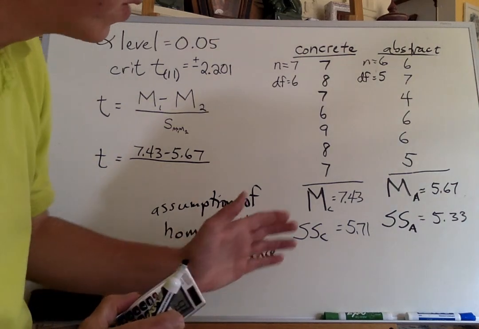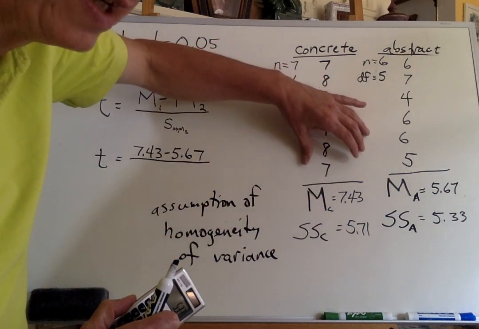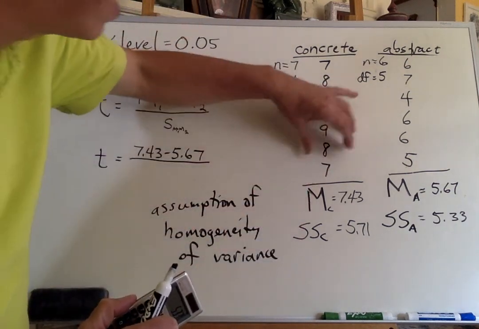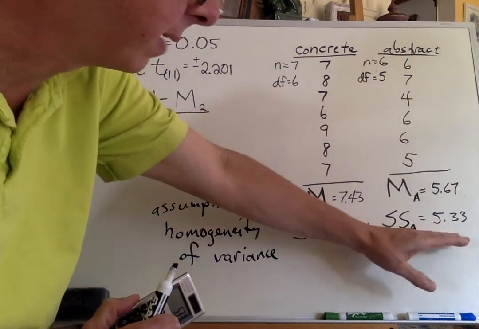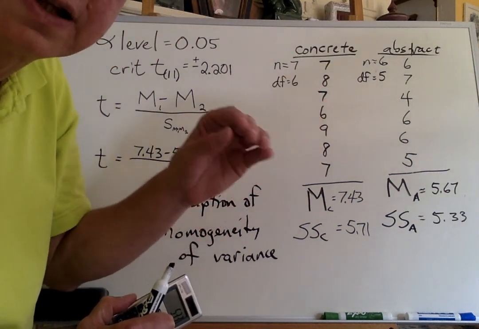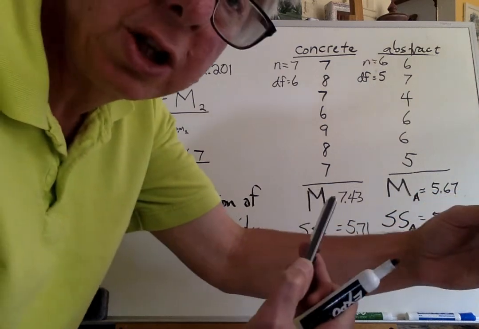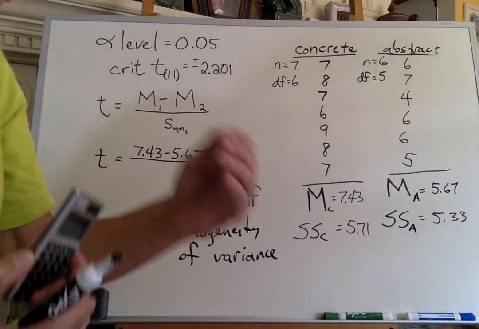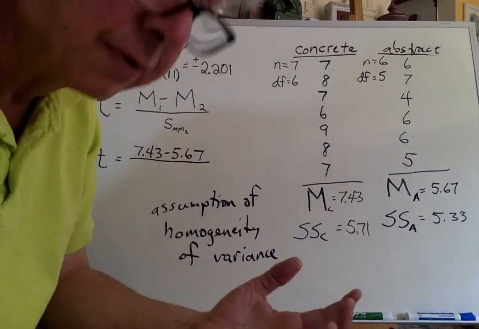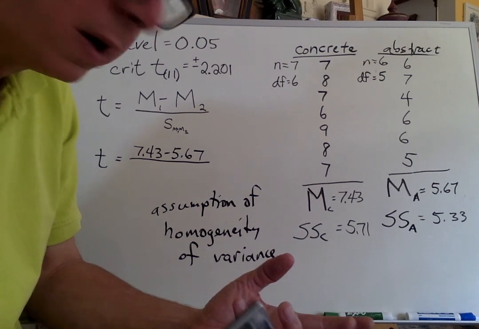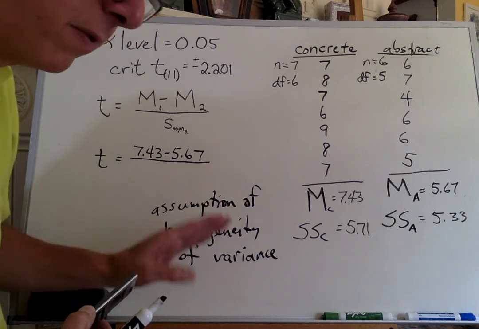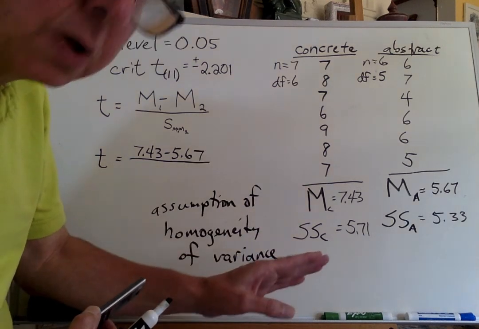And that is, we assume that there will be approximately equal, I like to say equivalent rather than equal, variabilities of these two groups, even if the means are different, right? That's based on the logic that the treatment is just going to shift the curve, it's not going to change variability, if there is a treatment. If there is no treatment, then we should have samples from the same population. So we assume homogeneity, same, okay? Homogeneity of variance. Doesn't have to be equal, but it should be equivalent.